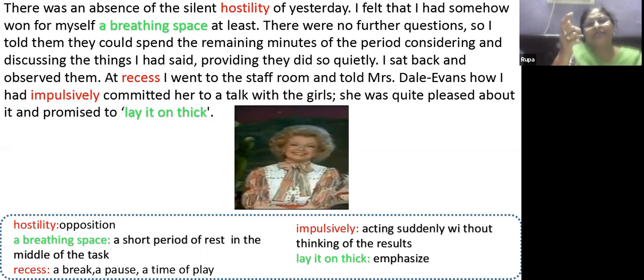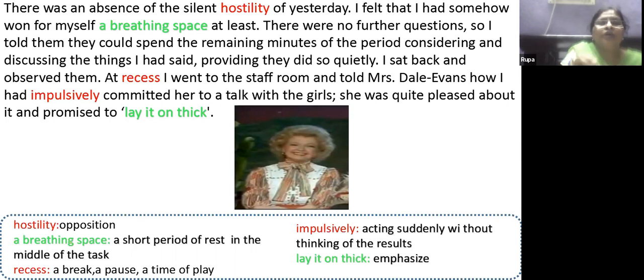It just came to his mind at that moment, and he just told the young ladies that Mrs. Dale Evans was going to talk about a few things with them, because he felt Mrs. Dale Evans would do that job better than him. He felt that Mrs. Dale Evans was apt, means the most suitable person to talk about the things that those young girls really needed to know.